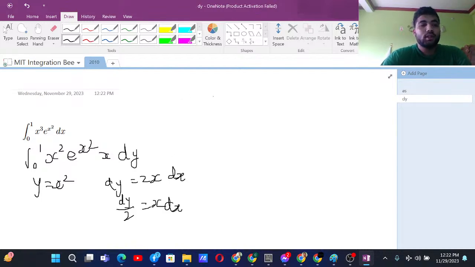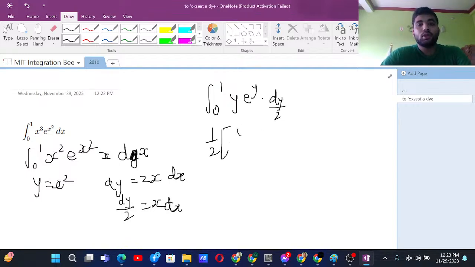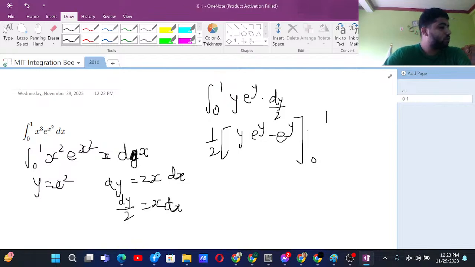Again, do that, and then this will be integral from 0 to 1 y e to the power y dy, should be dx. Now x dx is just dy by 2, so we will have 1 by 2, and now if we integrate this, y e to the power y minus e to the power y, we can do this by integration by parts from 0 to 1.